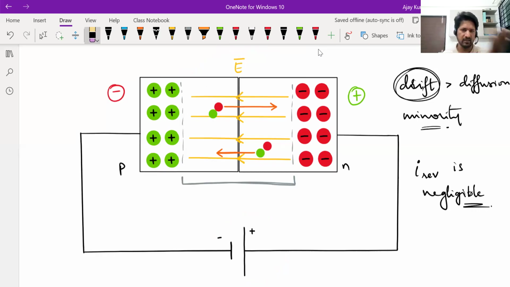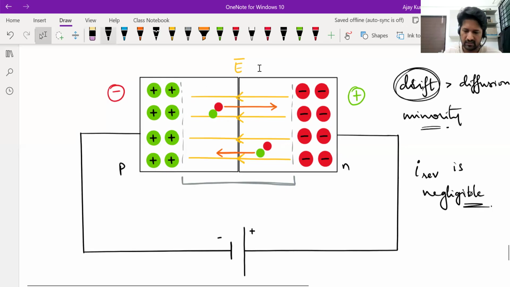Or very rarely an electron may go from N side to P side also, but it won't result in a significant current anyway. So diffusion current is very less. Drift current will dominate, but drift current naturally is less because it is due to minority charge carriers. Therefore, the net current will be very less in reverse bias. It is negligible. In an ideal case, we take reverse bias current to be zero.